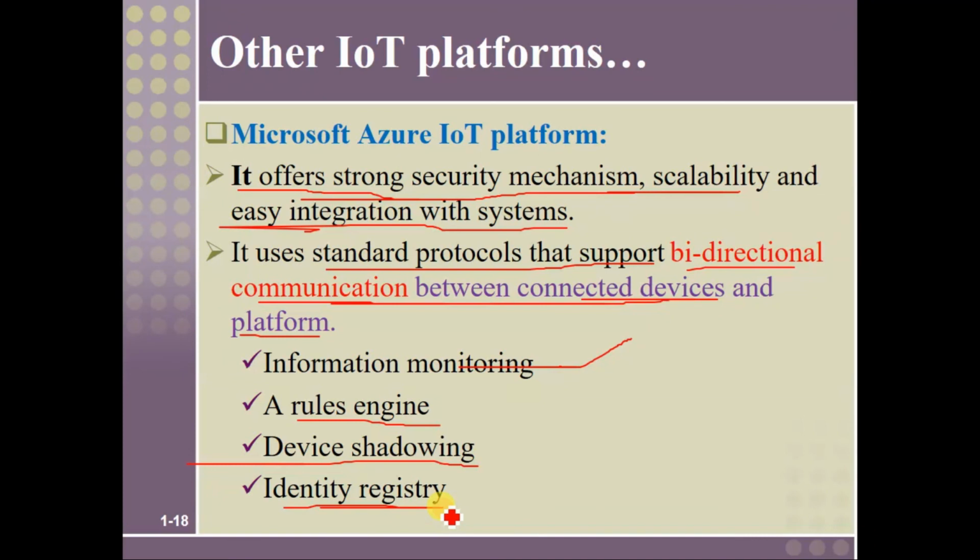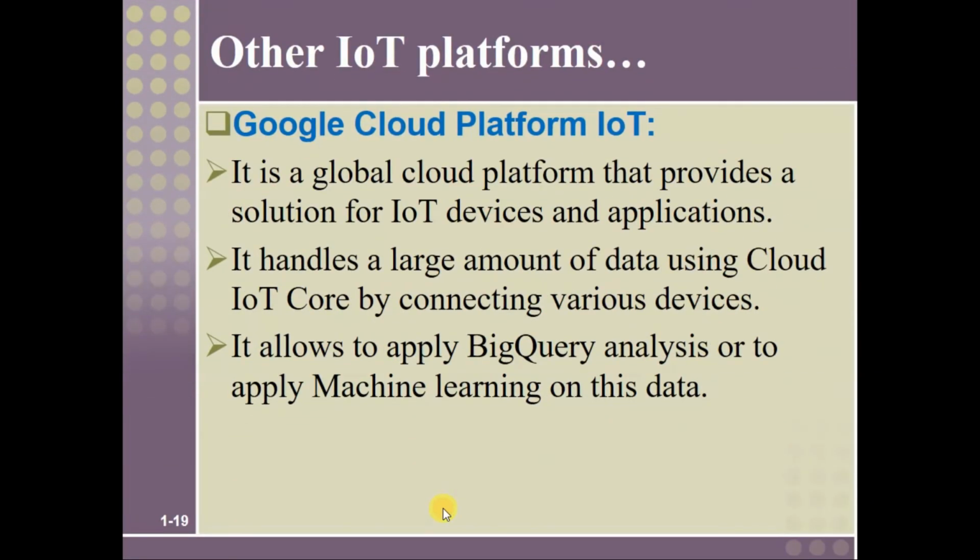The identity registry is used to register and uniquely identify the devices that participate in the IoT environment.